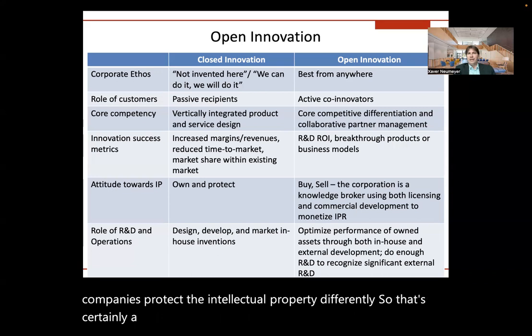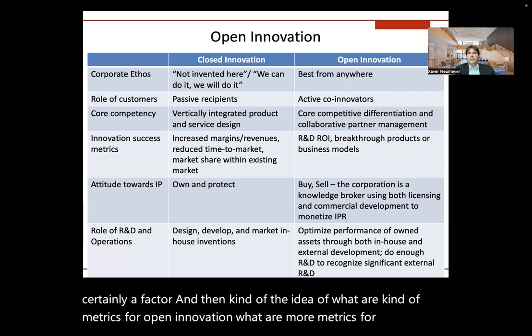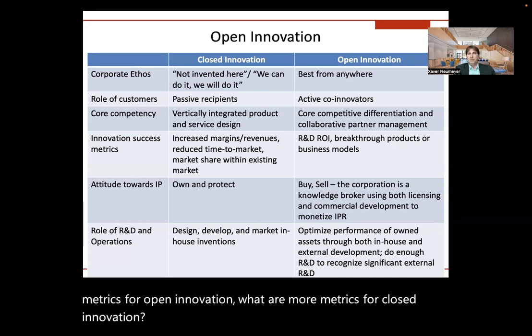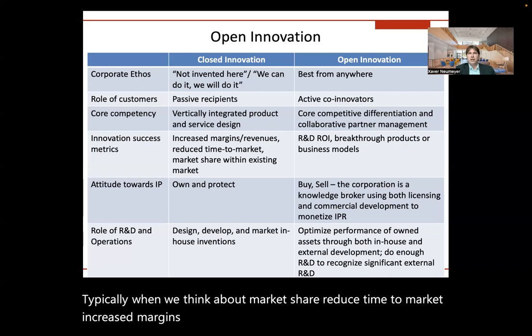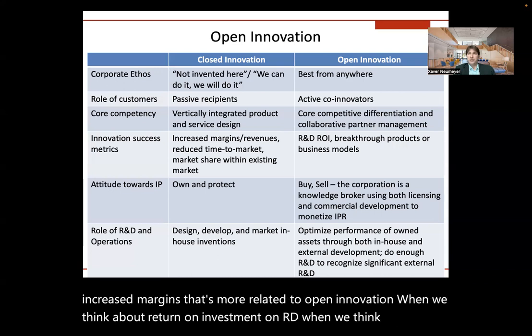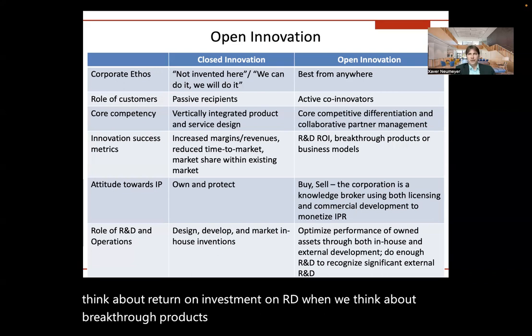And then the idea of what are the metrics for open innovation, what are more the metrics for closed innovation. Typically, when we think about market share, reduced time to market, increased margins, that's more related to open innovation. When we think about return on investment on R&D, when we think about breakthrough products or business models, that's typically related to closed innovation.